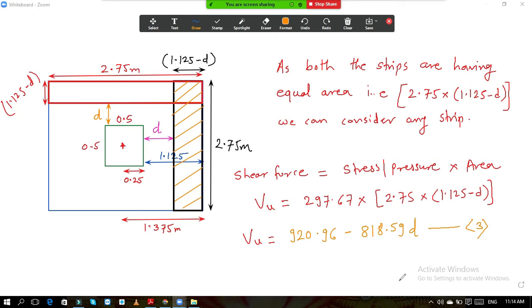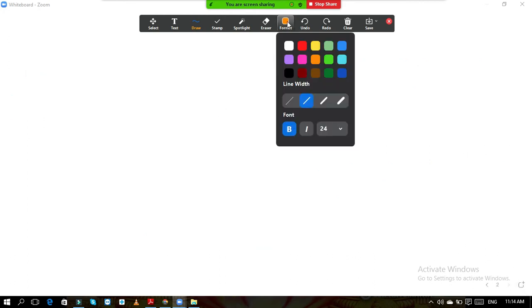This is our equation number 3 in terms of D, while calculating the one-way shear. So this is the shear force which is developed in this footing due to one-way shear. Now we will calculate the shear resisted by the concrete.